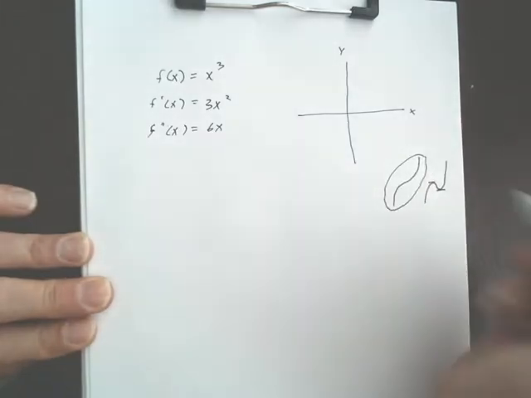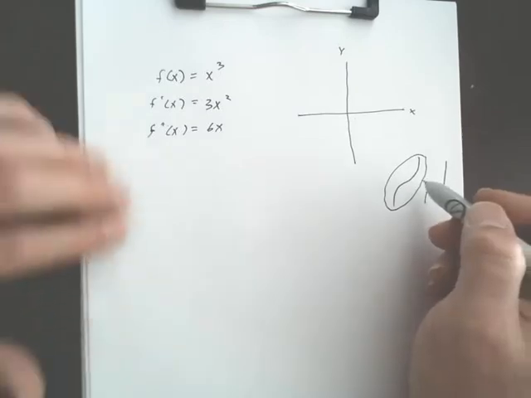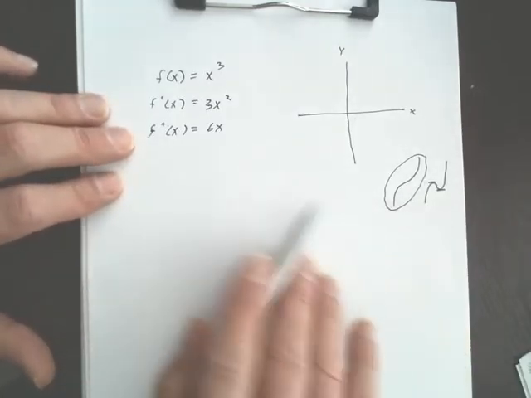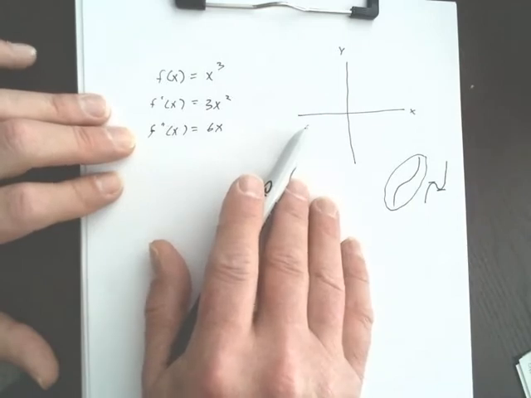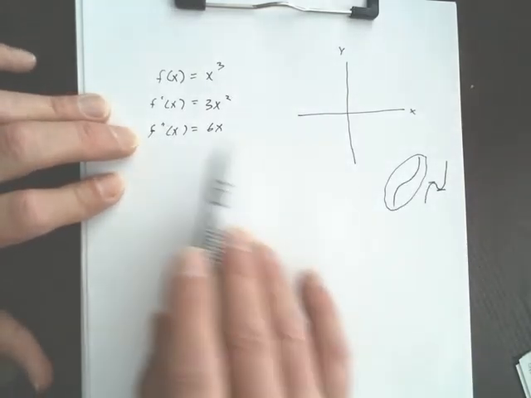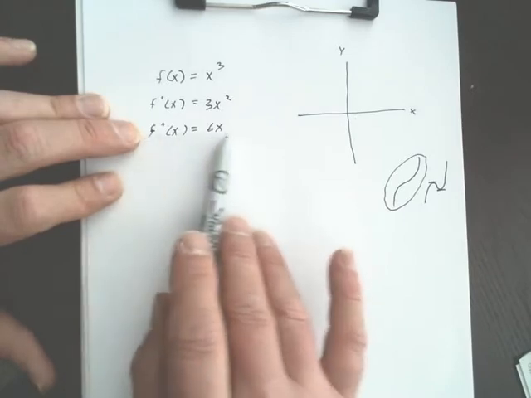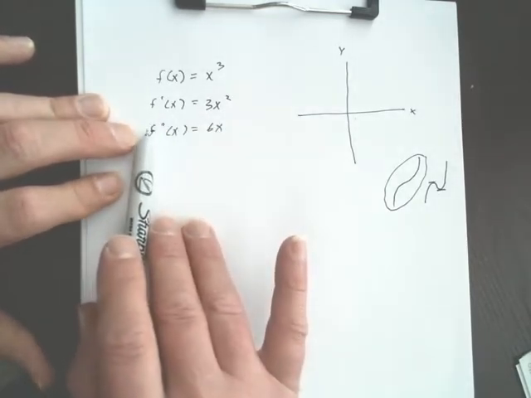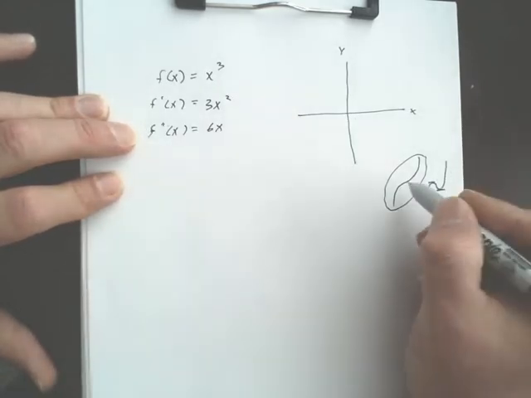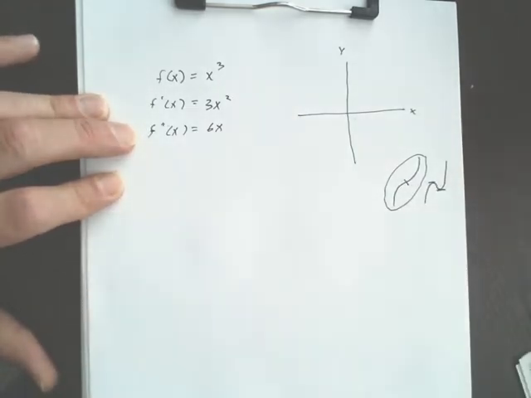Now, the question is, okay, exactly where does that function cross the axes? And how does that second derivative play a role in finding this critical point, the inflection point?